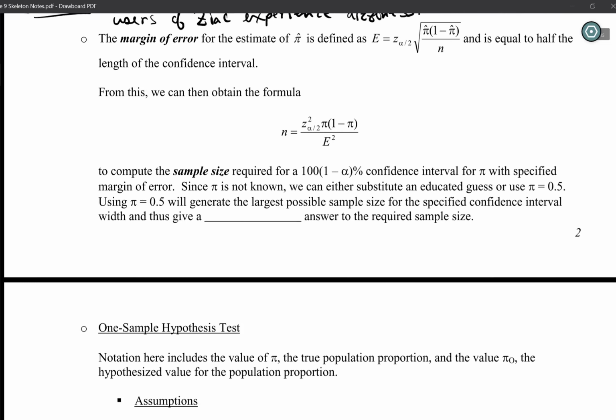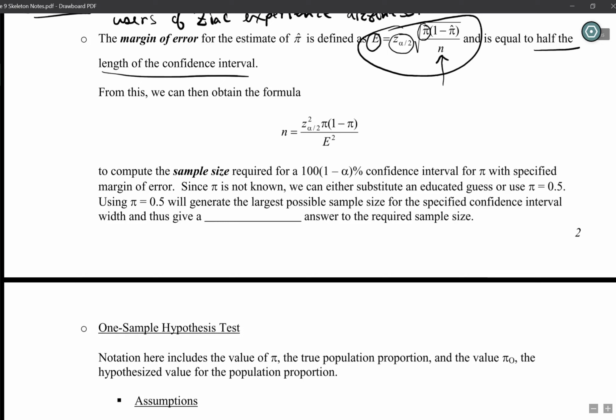It's defined as the stuff you add and subtract to your point estimate, which makes it the half length of the interval. So if we wanted to know the required sample size to have a particular margin of error for a particular confidence level, given a certain value of p hat, we would just solve for n.